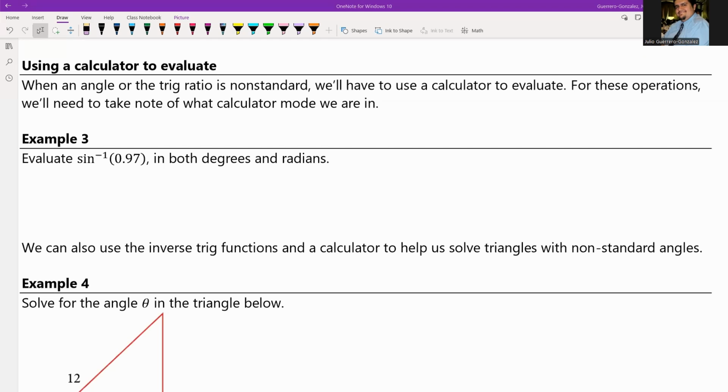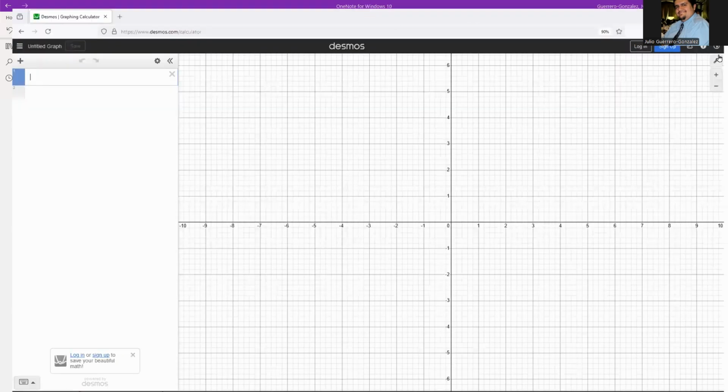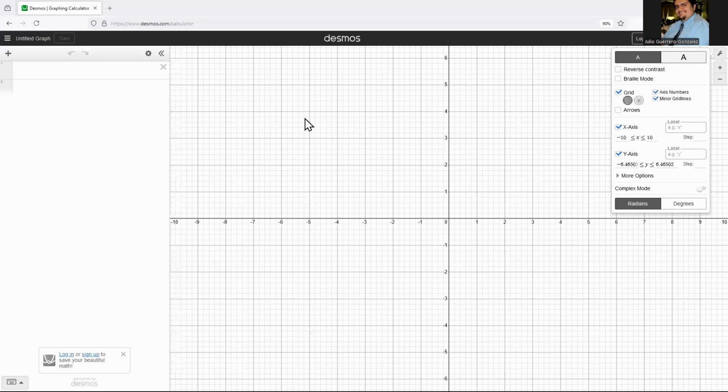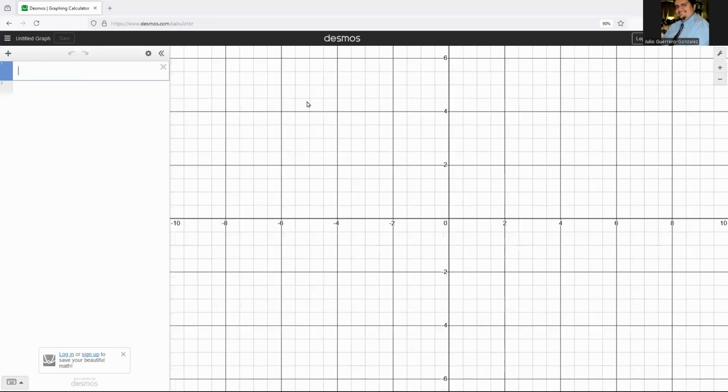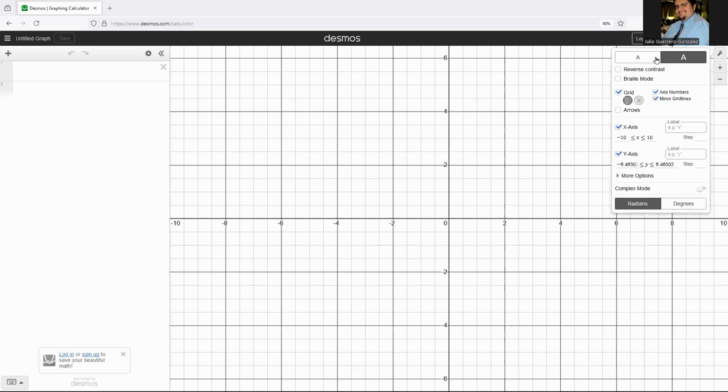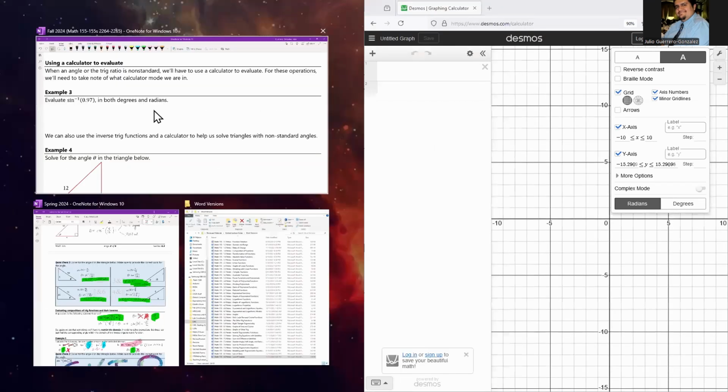Let me open up my graphing calculator. I'm going to make it nice and big. And what I want to remind everybody is when you go up here to graph settings, you have two modes, radians and degrees. Depending on which one you're set to, that's the answer that's going to pop out. That's simple. Right now I've chosen radians.